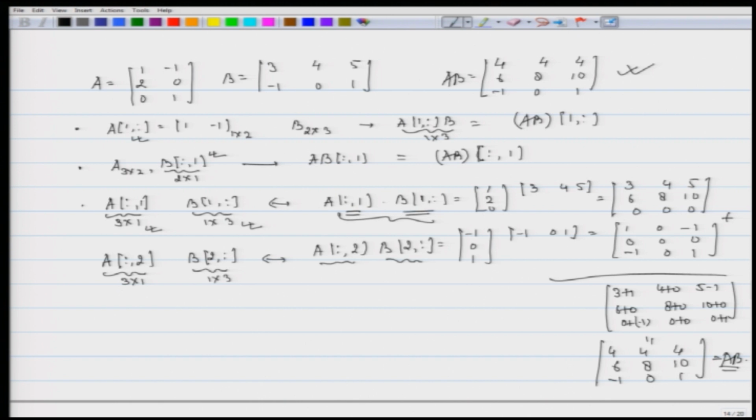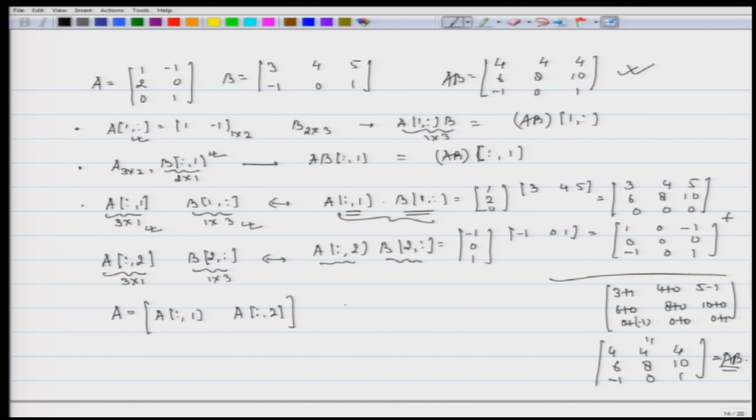So what exactly we are doing here in this matrix multiplication is, we have written A as the first column and the second column. This is the way we wrote first column, second column.